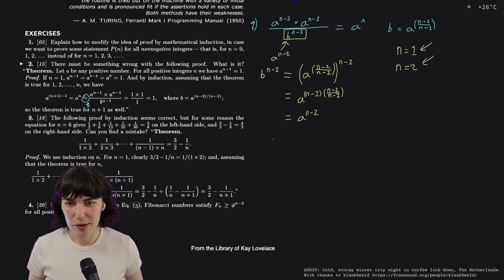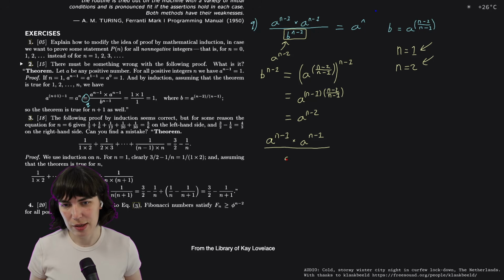So then we have, after all of this, a^(n-1) multiplied by a^(n-1) over a^(n-2).